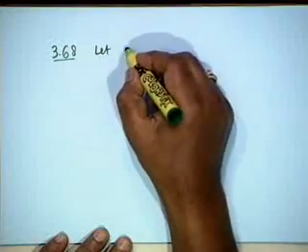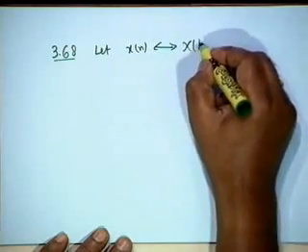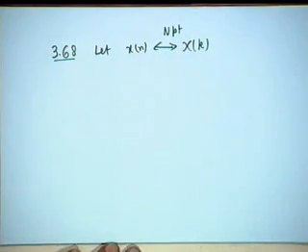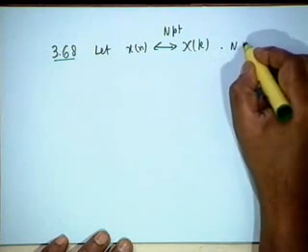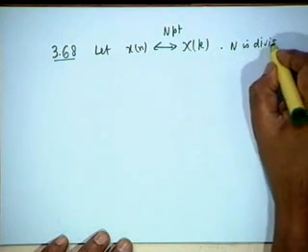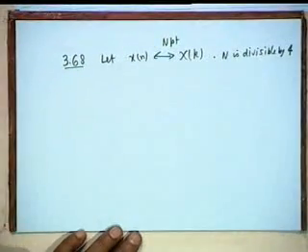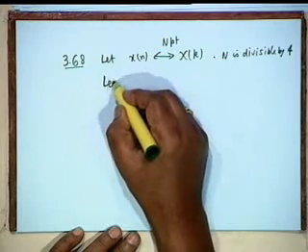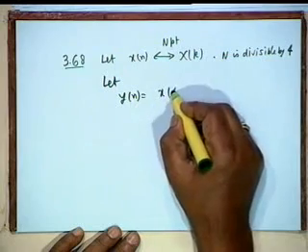Now look at this. Let x of n and capital X of k be N-point DFT pairs, and N is divisible by 4. Let y of n be equal to x of 4n.